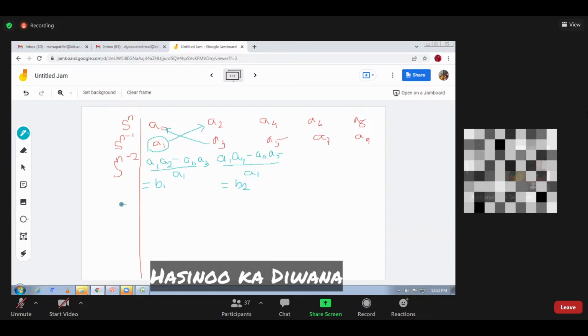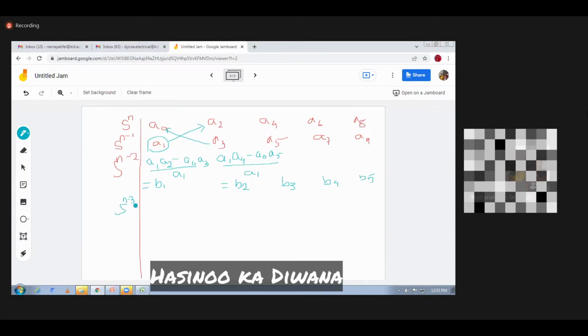Then you have to find out S to the power n minus 3. For that, you can take the next column values as B3, then B4, B5, and so on.